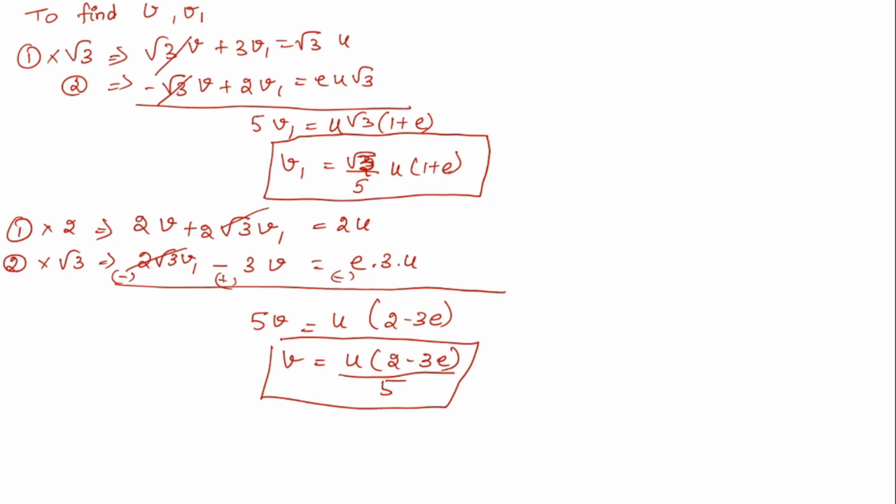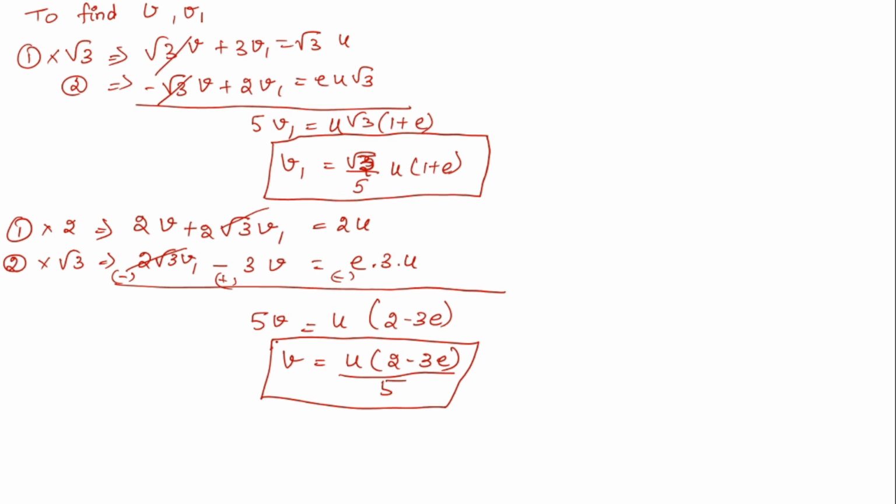Okay. So now we are going to substitute in the loss of kinetic energy. We know the formula. Whenever we do the problem, we add the values of the kinetic energy and we subtract to get the loss of kinetic energy.